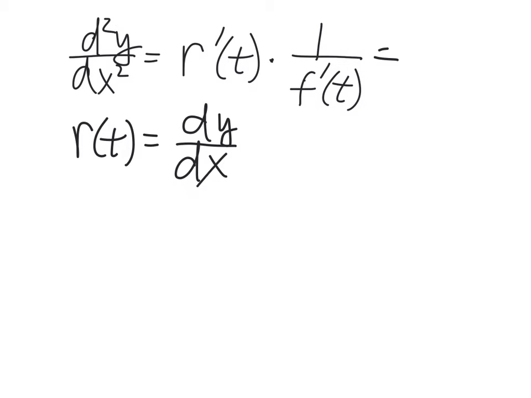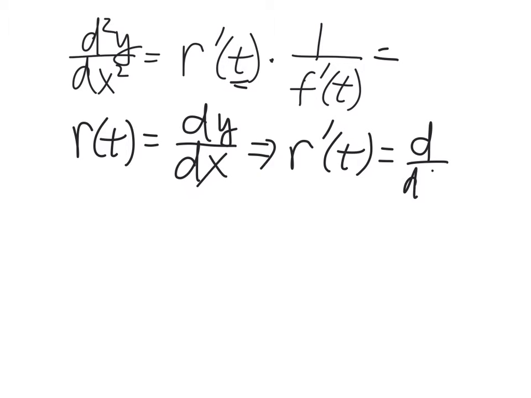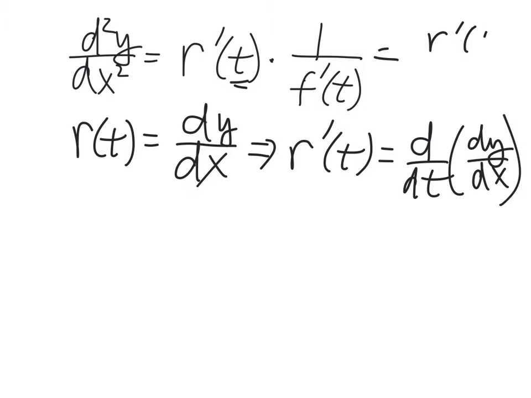So r primed of t is going to be the derivative of our first derivative in terms of t. dy by dx will be found in terms of t, so the derivative of dy by dx in terms of t will be this r primed of t.